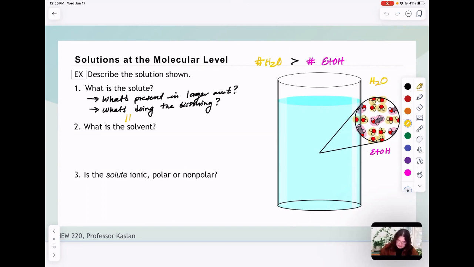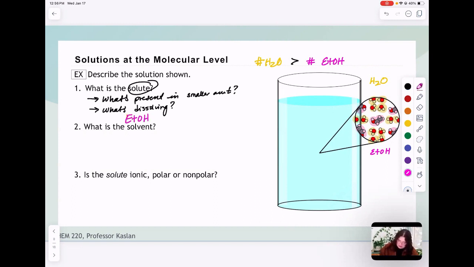Oh, I have this backwards. Solute. So solute will be what is present in the smaller amount and what is dissolving. Sometimes I can read. So smaller amount and what's dissolving. So in this case, our answer would change to ethanol.